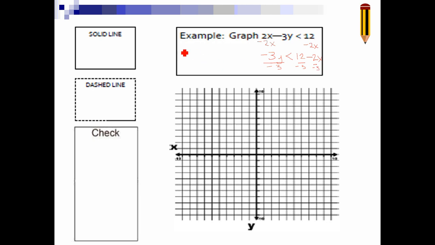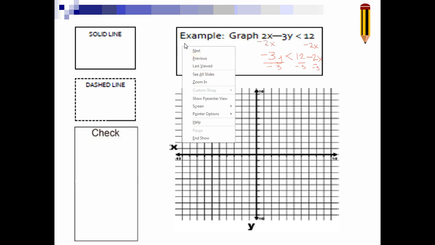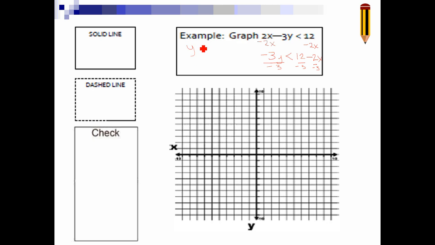And I end up with y is greater than. Now, ladies and gentlemen, because I divided by a negative, I need to flip that inequality sign around. And I like writing my slope first, so I see negative 2 over negative 3 gives me a 2/3 slope, and then minus 4.